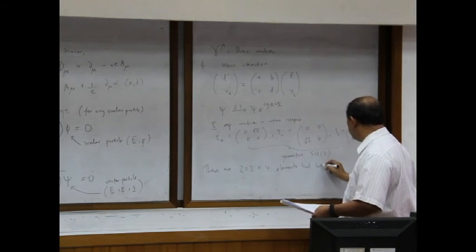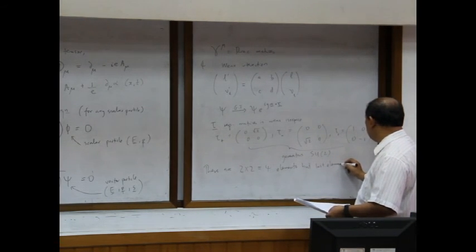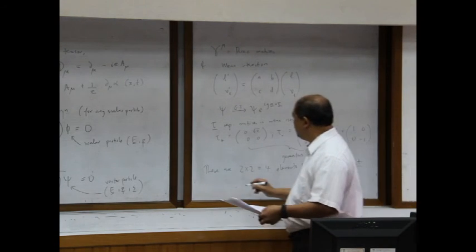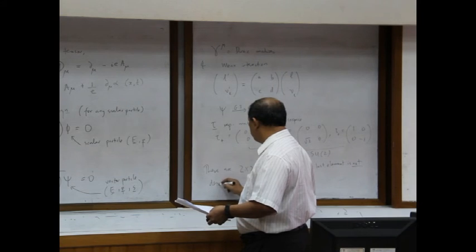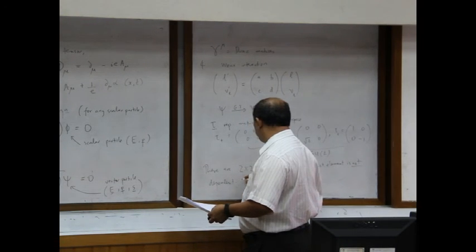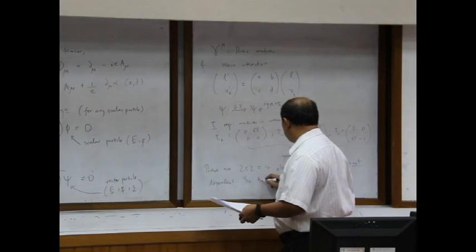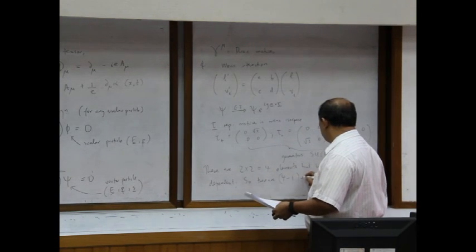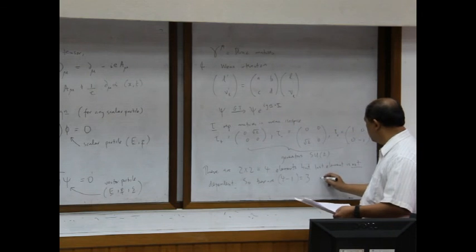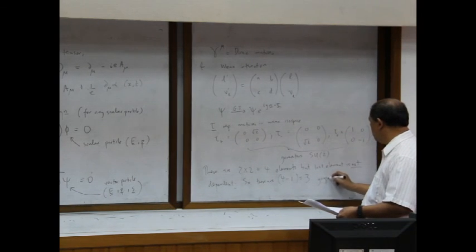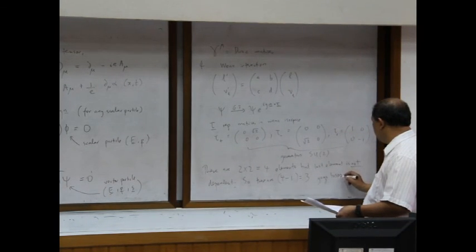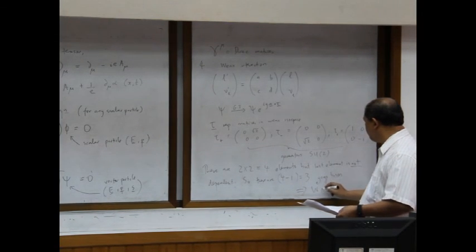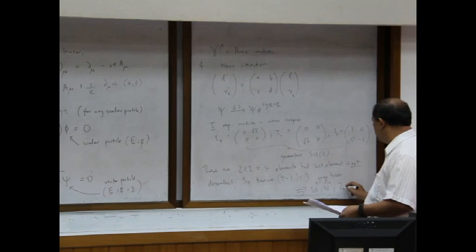The last element is not independent; it is dependent on the other 3. So there are 4 minus 1 equals 3 gauge bosons. So this is the W plus, W minus, Z0.